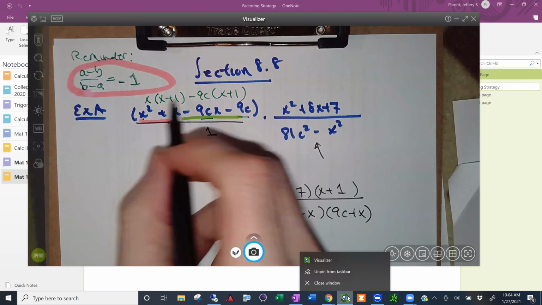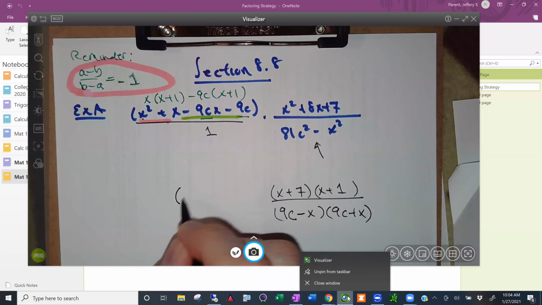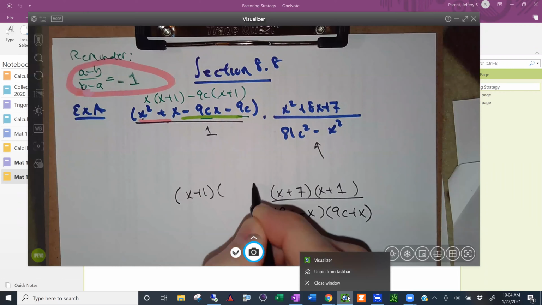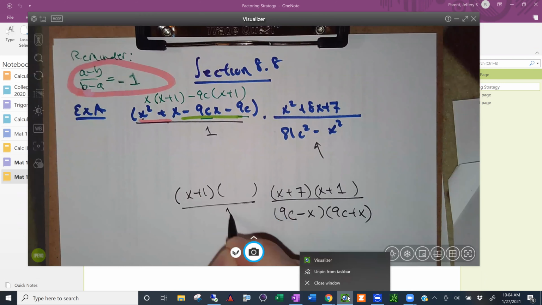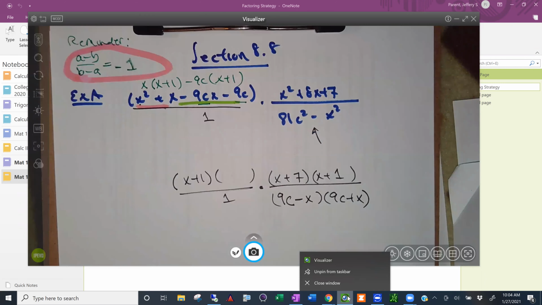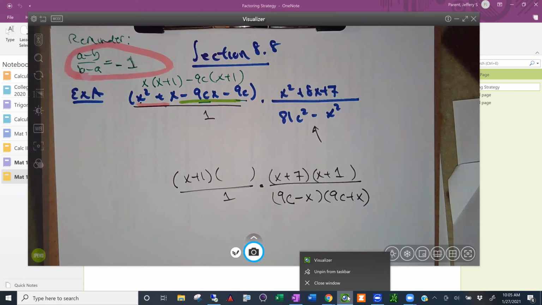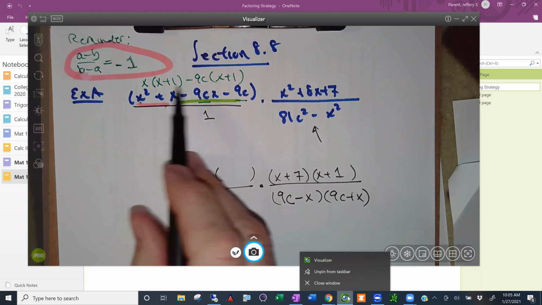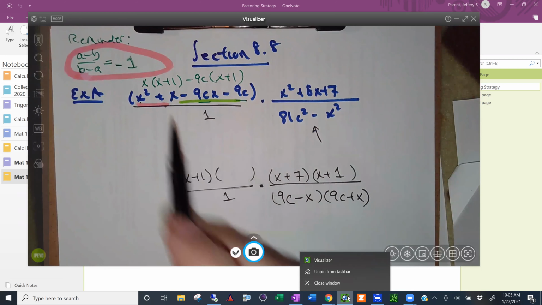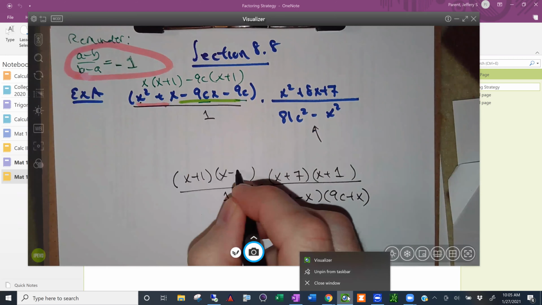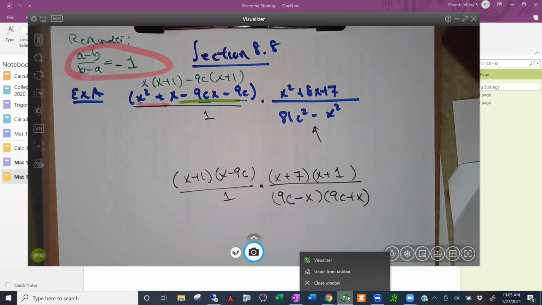I can take out an X plus 1 from both of those terms. What gets left behind if I factor out the X plus 1? X minus 9C. Nice. I think that's it. It's as far as we can go.